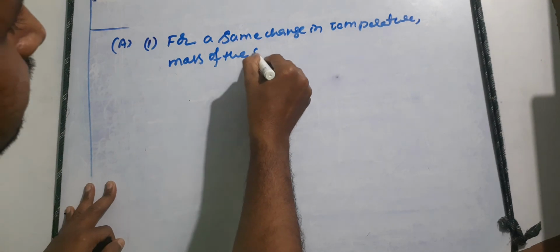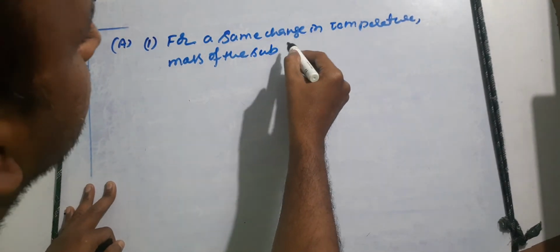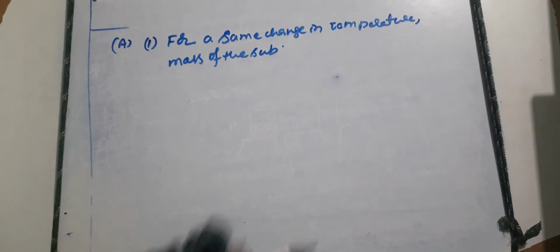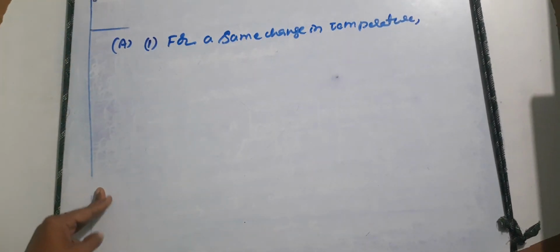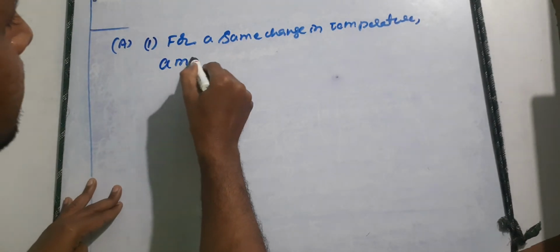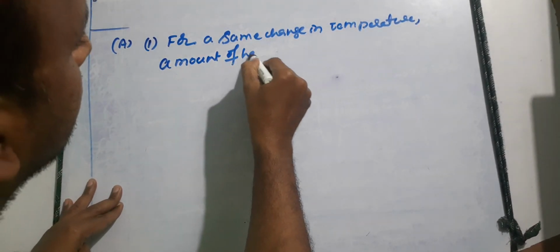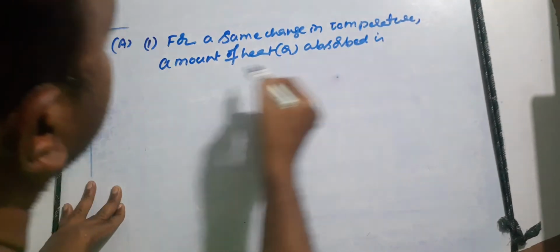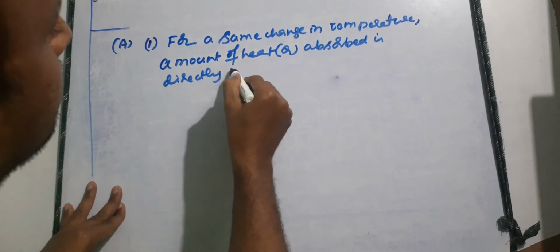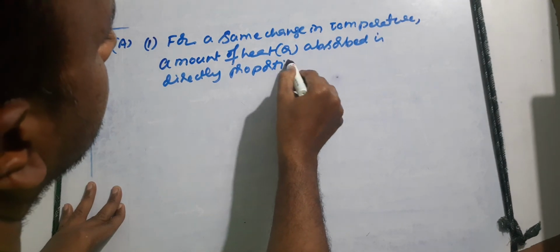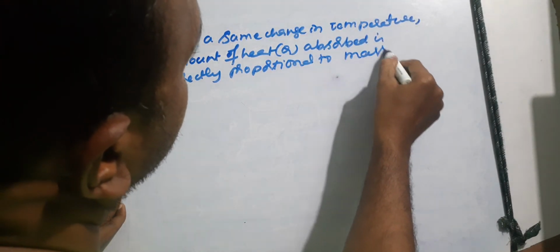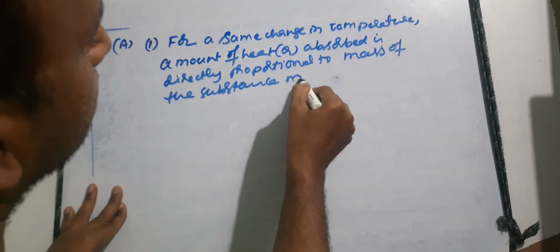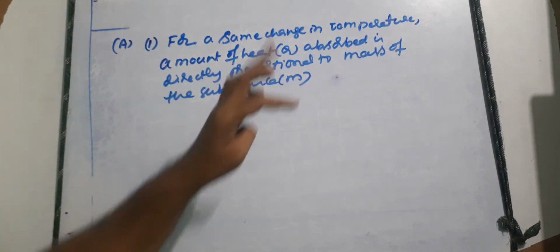For the same change in temperature, the amount of heat Q observed is directly proportional to the mass of the substance M. So this means that the change in temperature remains constant.